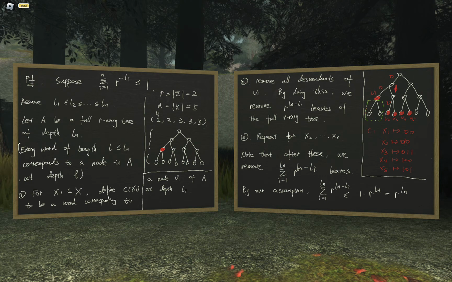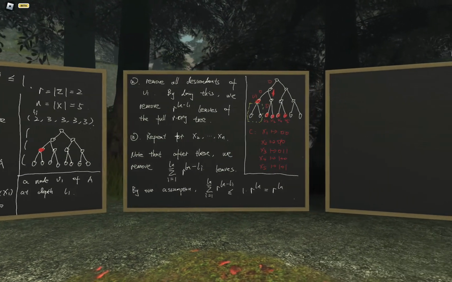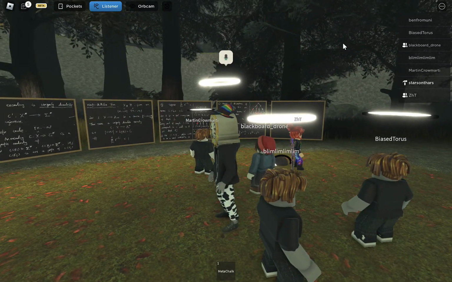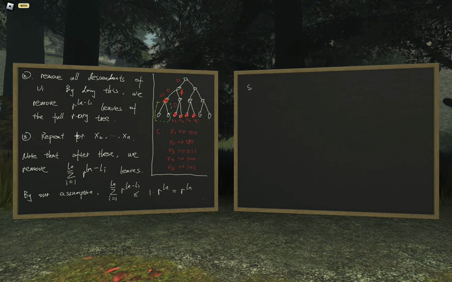Yeah. So this procedure produces for us a prefix code, which is uniquely decodable, C from X to sigma star.